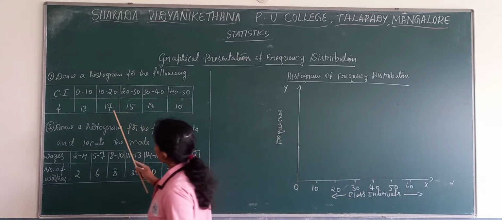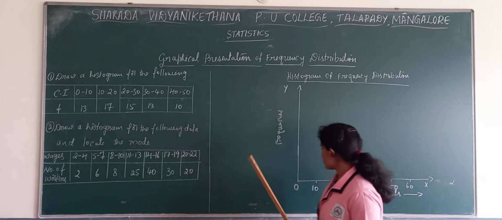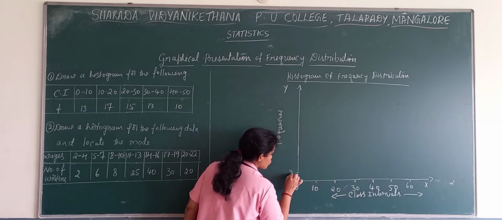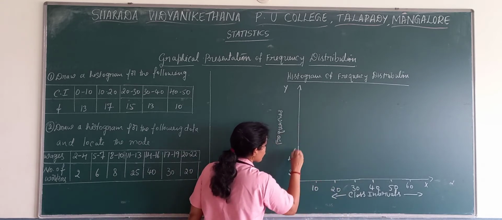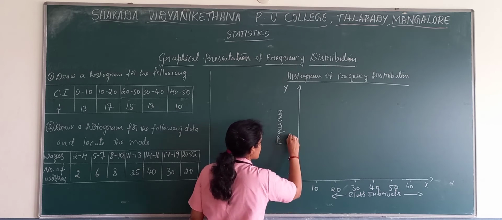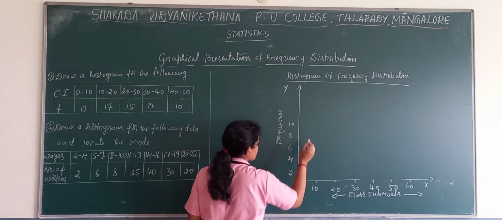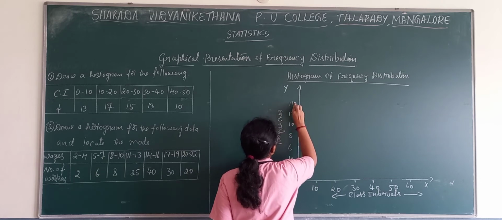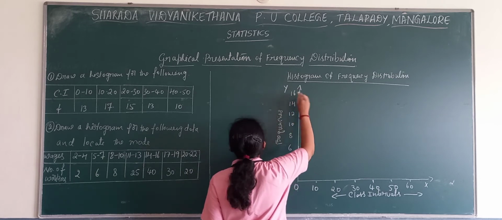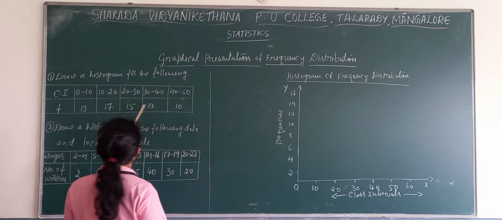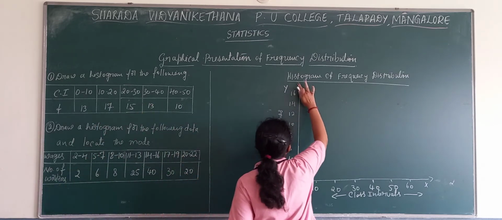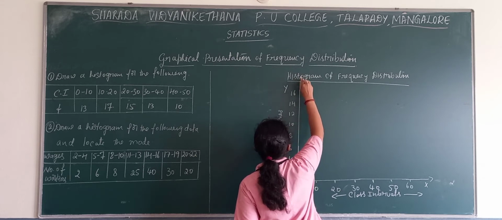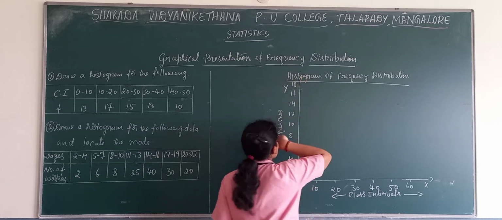Highest number is 15, smallest is 10. Okay. We will move 2, 4, 6, 8, 10, 12, 14, 16, then 18.